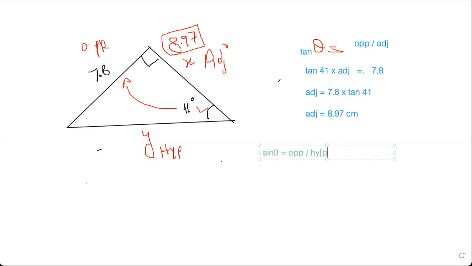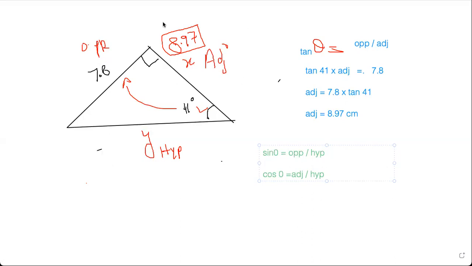You can calculate the value of hypotenuse by using this formula, or you can go for cos theta. The formula of cos theta is adjacent divided by hypotenuse. You can calculate hypotenuse from this because theta is given, which is 41 degrees, and the opposite and the adjacent are both given in the question.